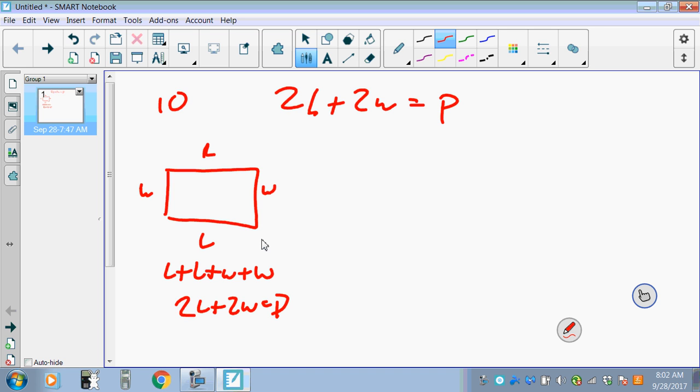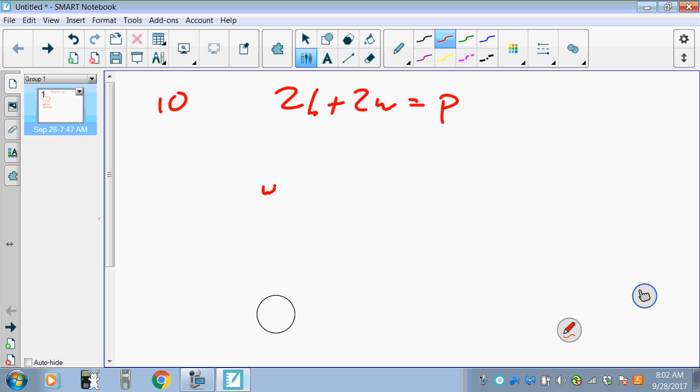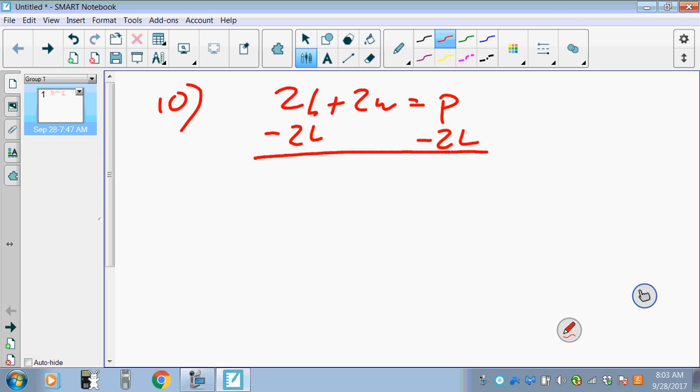So again, this is actually a real formula. Part of the reason I like this book is that they didn't just give you a bunch of numbers, they actually gave you some things that were real. And they want you to solve for W, okay? So the first thing we're going to do is subtract 2L. Again, we're trying to get W by itself. I would find 2W is equal to P minus 2L. And then we want to divide both sides by 2.